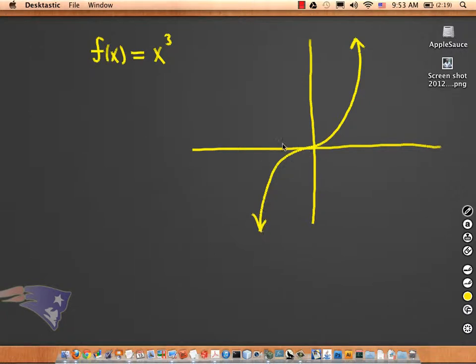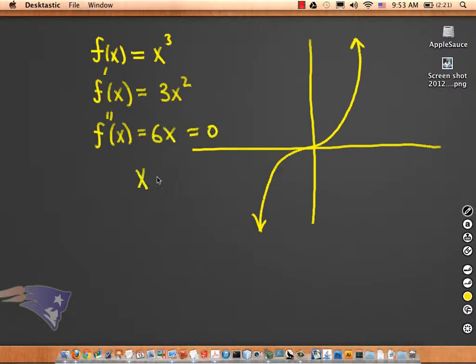Concave down. We would call this part concave up. So from the graph, it looks like the inflection point is where? At 0, 0. So let's just do two derivatives of this. What is f prime of x? 3x squared. And now one more derivative. 6x. Set that bad boy equal to 0. What is x? 0.